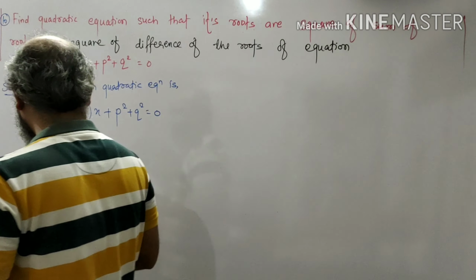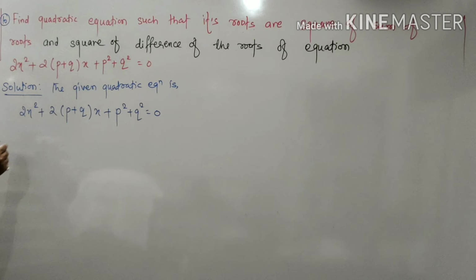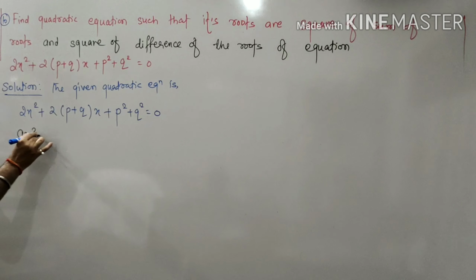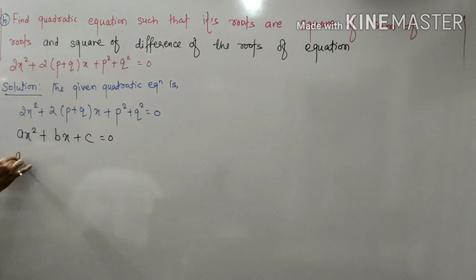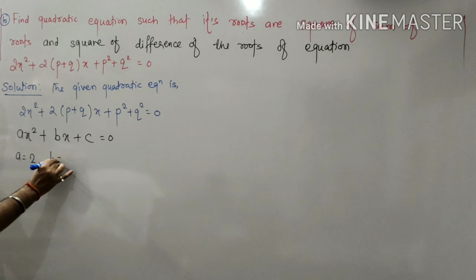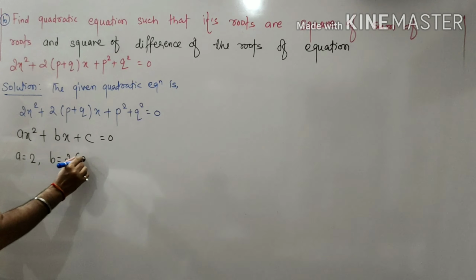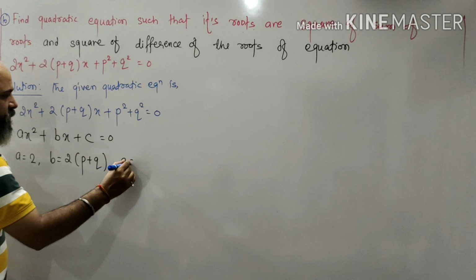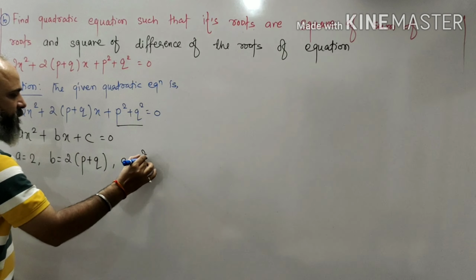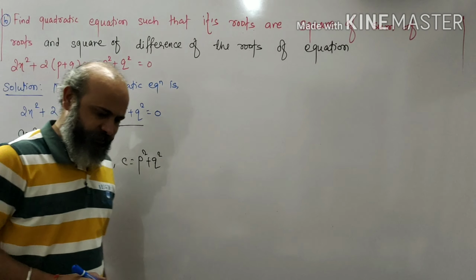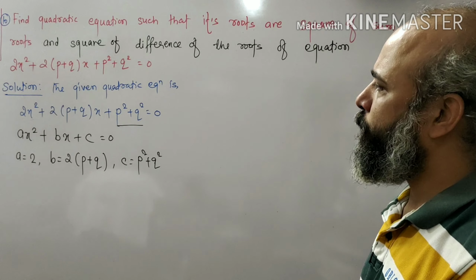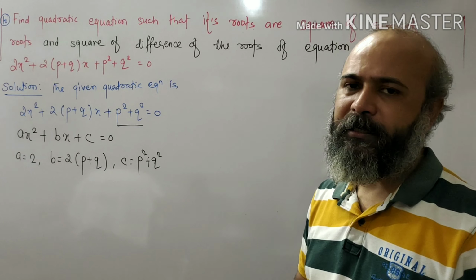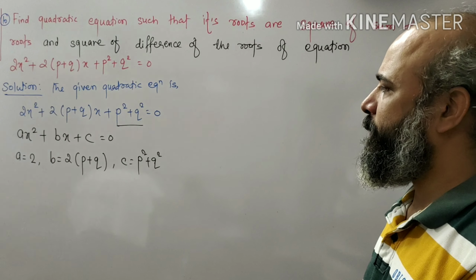Comparing this equation with the standard form ax square plus bx plus c is equal to 0, you will get a is equal to 2 and b is equal to 2 into (p plus q), and c is the constant, that is p square plus q square.